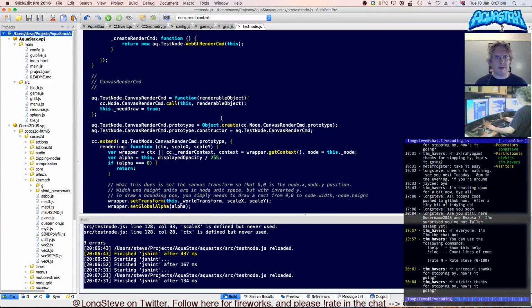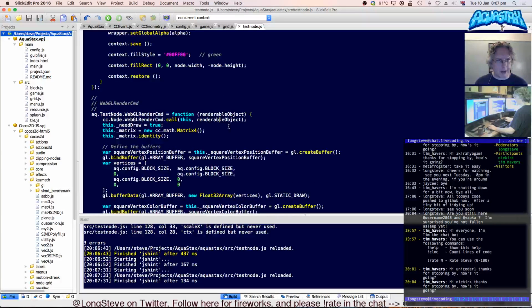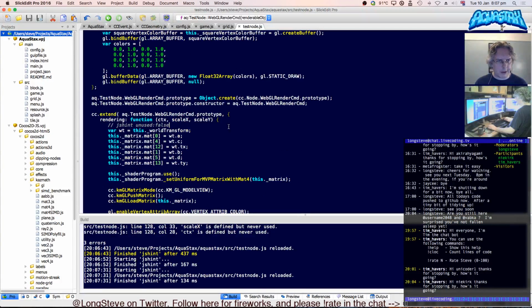I just remembered writing this code, and it uses two paths. It's got the one and the other. JS hint. That's probably shifting it up to the global level, isn't it? Does that make a difference?